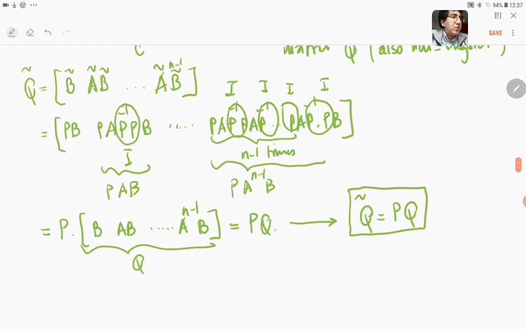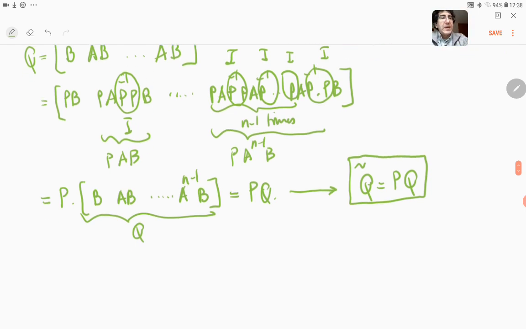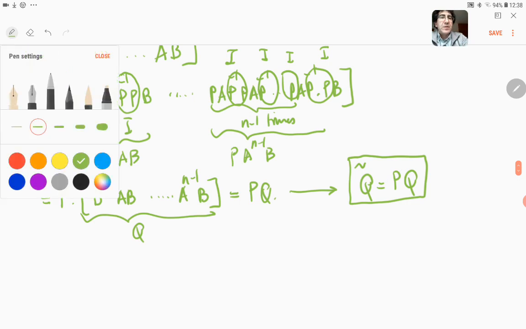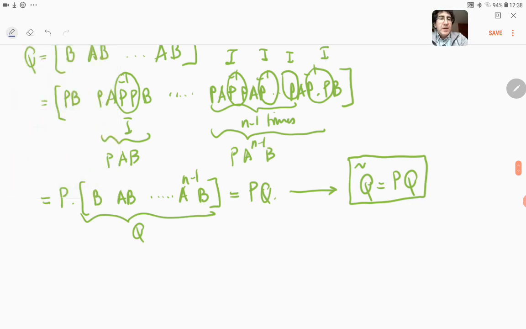Q is non-singular and P is non-singular here. So all the non-singularities, in a sense, coincide with each other. Now, what is interesting here is that this actually gives us also a relationship to obtain P. We did not know P, but now we can find P.